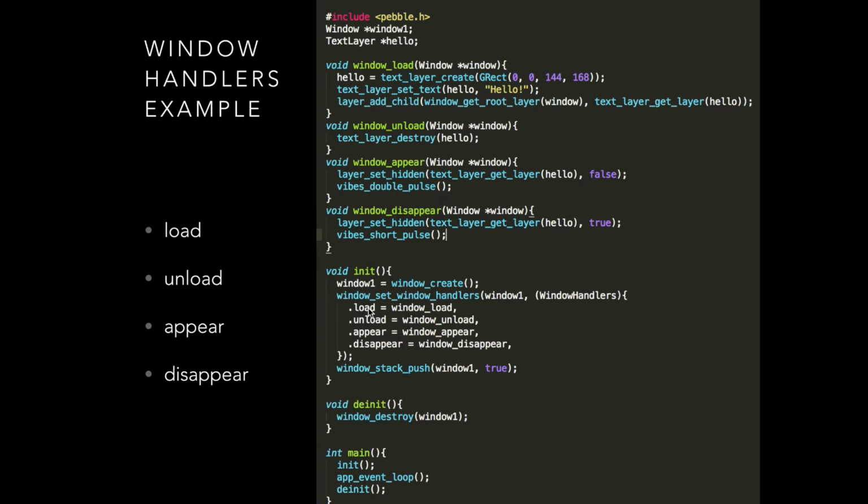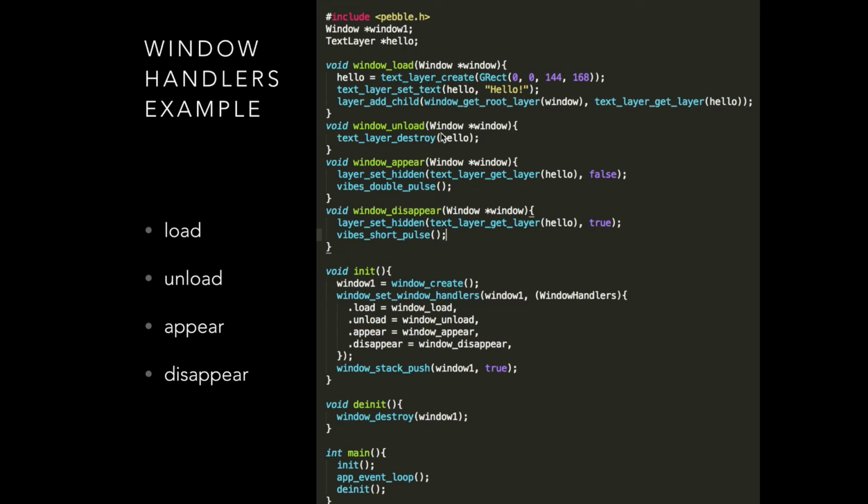So dot load, all lowercase, dot unload, dot appear, dot disappear, and then whatever your function name is has to be exactly like this. And this has to look similar. You have to have your handler name the same, and you have to be passing in a window, or else you're going to get an error on trying to compile.